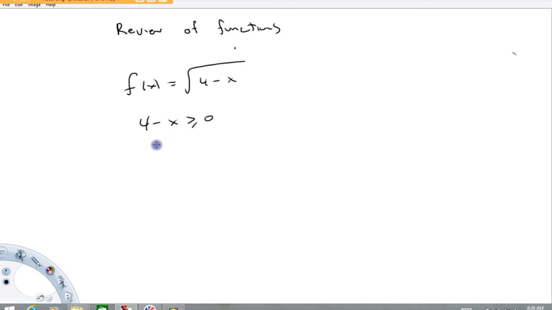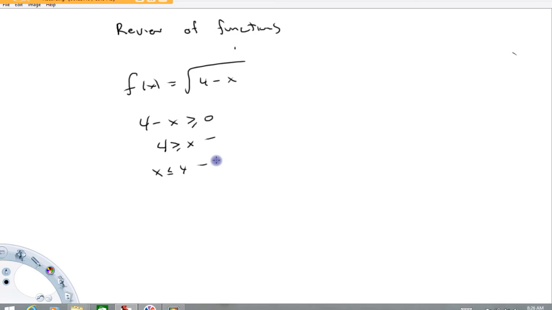Then if we add the x to the right, I'm sorry, I had that backwards. If we add this to the right, this is now going to read 4 is greater than or equal to x. So x has to be less than or equal to 4. Either of these is an acceptable way to express the domain.